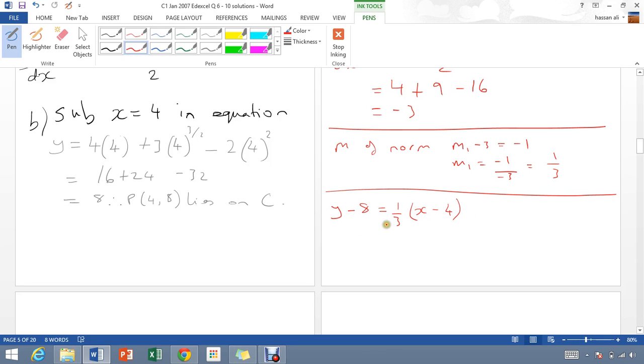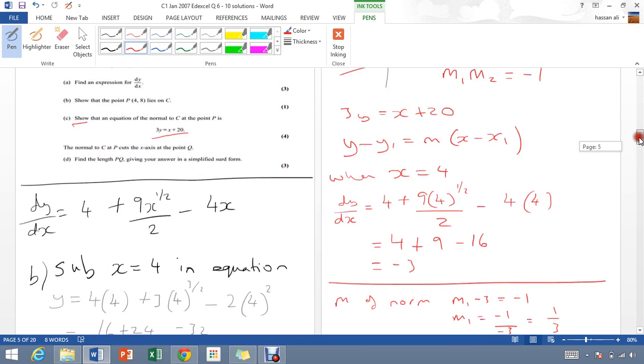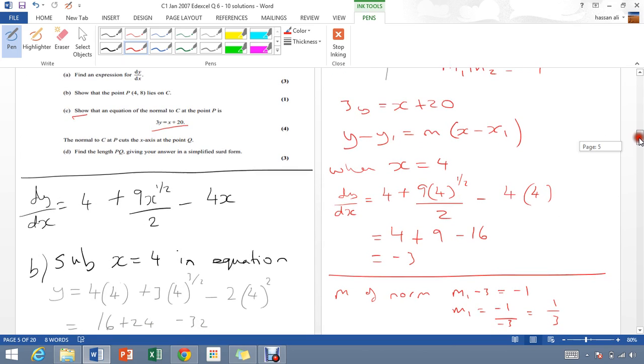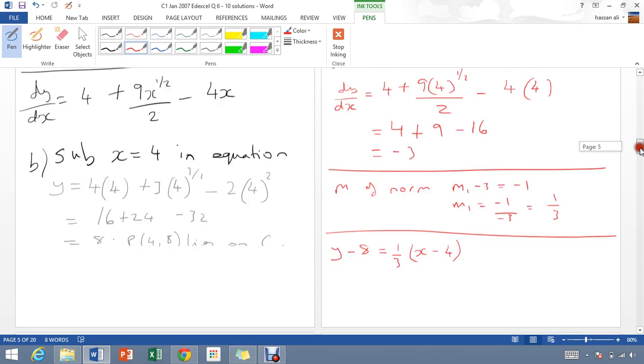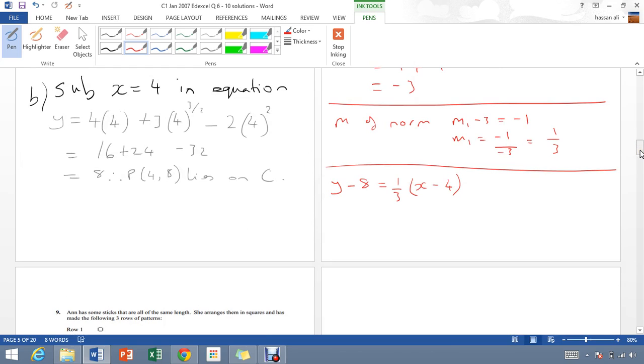Now I need to simplify this. Remember where we're going, it says show. So we need to make sure we're heading towards that equation there, 3y equals x plus 20. That should give me a hint as to what to do, so times everything by 3. That'll give you 3y minus 24 equals x minus 4.